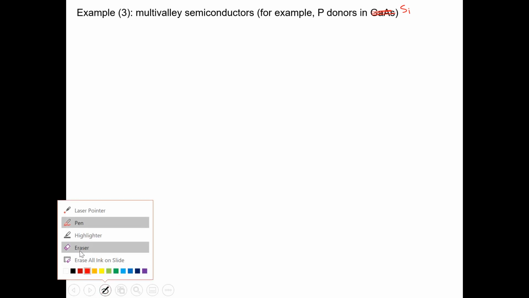So as an example, we have donors in silicon because we have to deal with the bottom of the conduction band, and now we have six different places in the Brillouin zone along the 6 different delta lines in which the energy is the same. The bottom of the conduction band actually has 6 valleys.